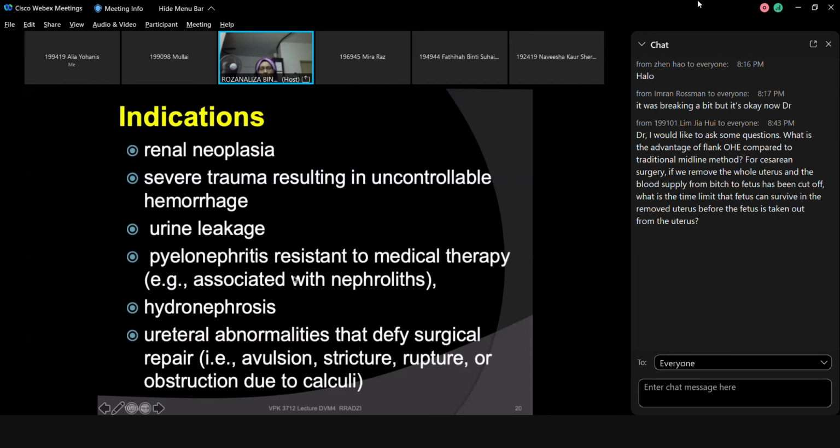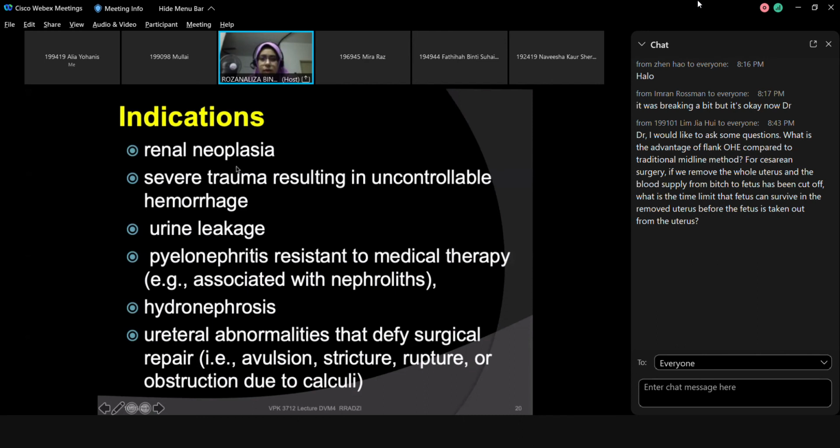So the indications for renal neoplasia. Why do we want to perform a nephrectomy?